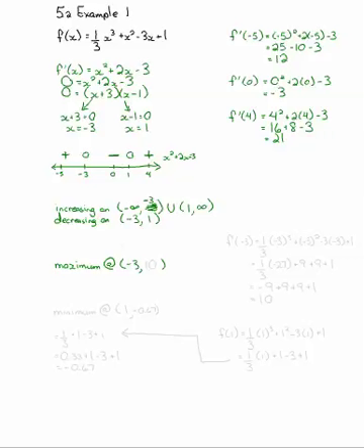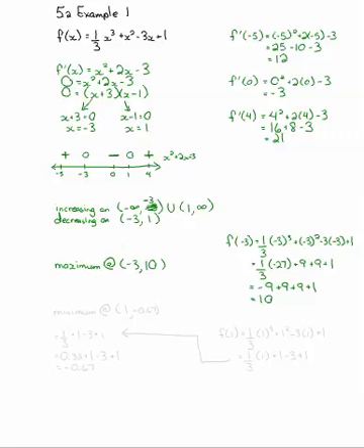Now I don't know the y coordinate of that point until I plug that in to my original function, and by my math I get 10. So the maximum is at negative 3 comma 10.